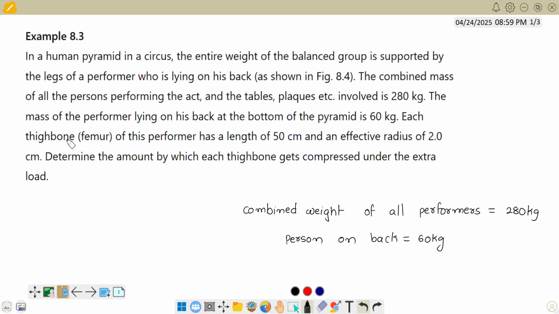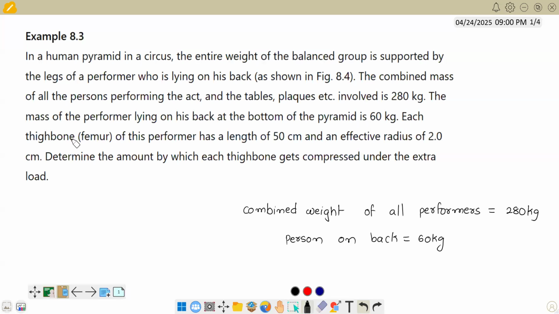Each thigh bone, and we have 2 legs, and in each leg, each thigh bone of the performer has a length of 50 centimeter and an effective radius of 2.0 centimeter. Determine the amount by which each thigh bone gets compressed under this extra load.